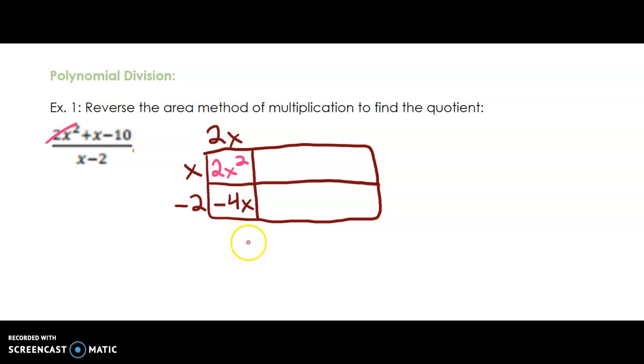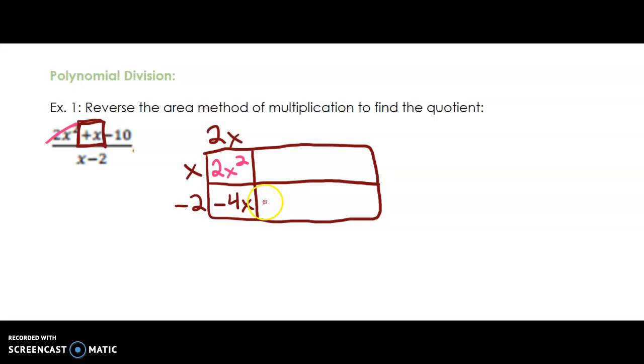And now I can work with my x terms. When I am multiplying these factors together, and I get my x terms in my area model, I am adding them together in order to get this plus x, right? When we combine our like terms, we should end up with plus 1x.